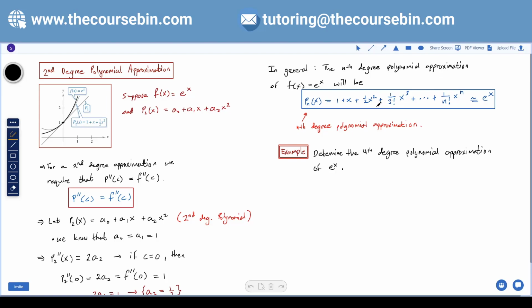So the degree is what's represented by n, not the term. So if I say 0th degree approximation, then it's the first term. But if I say first degree approximation, it's up to the second term.